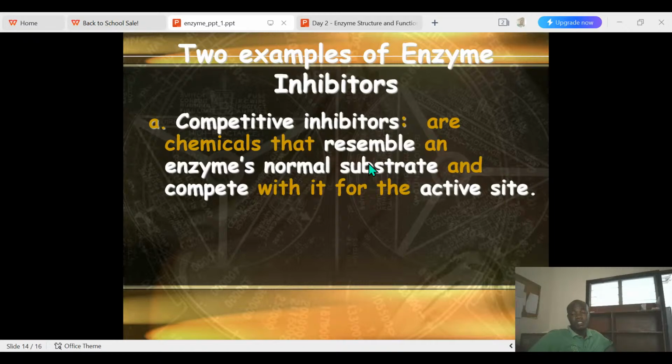It is an enzyme that converts angiotensin 1 to angiotensin 2, which is a vasoconstrictor. So it leads to a disease condition called hypertension, because it's a vasoconstrictor. So it constricts the arteries.